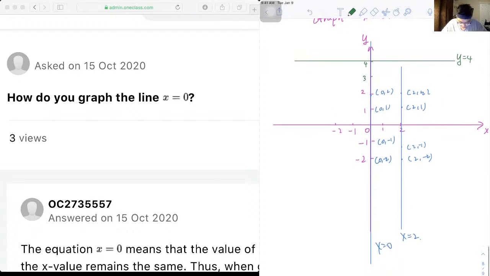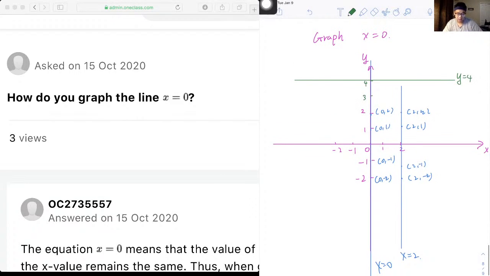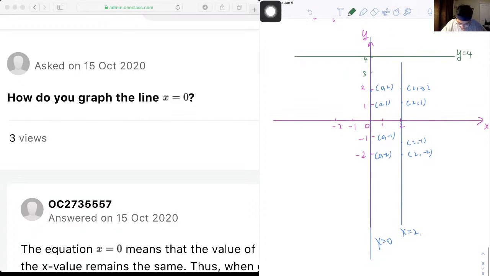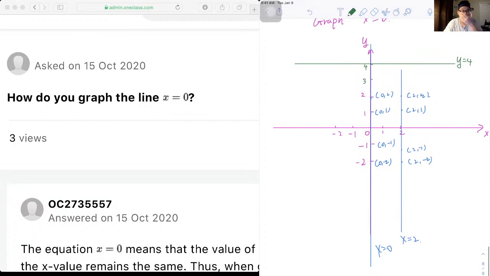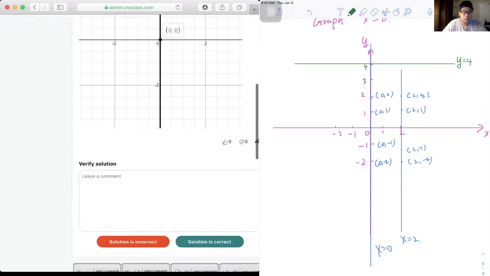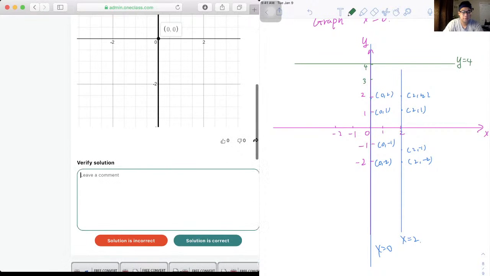As long as y is equal to a constant, that's going to be a horizontal line. So in this case, x equal to 0 is actually our y-axis. Okay, let's leave a comment. Solution is correct.